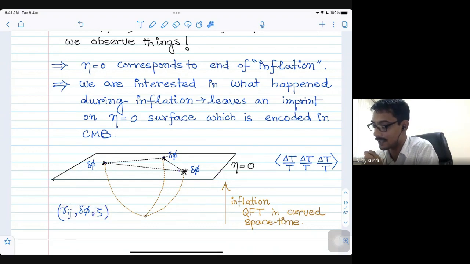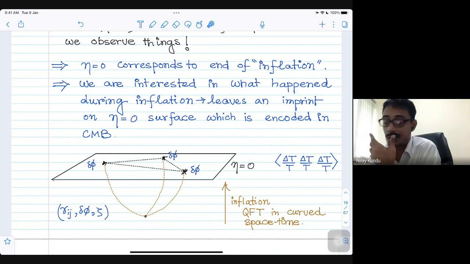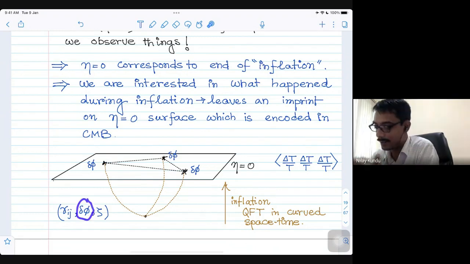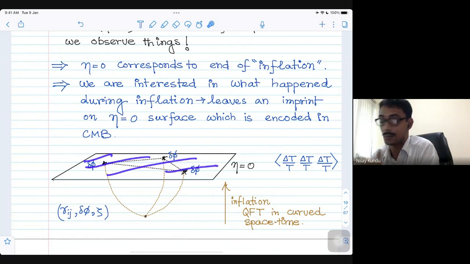This is a spatial slice at eta equal to 0, and we look for correlation functions, say 3-point function or 4-point function or 2-point function, or any higher point function, and that we can connect with observation. This delta phi, a metric or scalar field perturbation, gets related to the temperature fluctuations that are imprinted or recorded on the CMB slice, and that's what we observe.